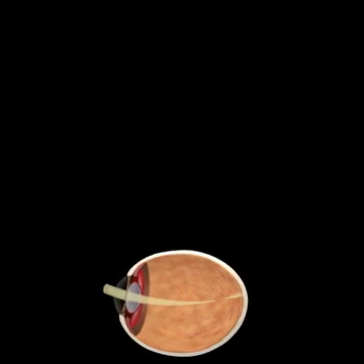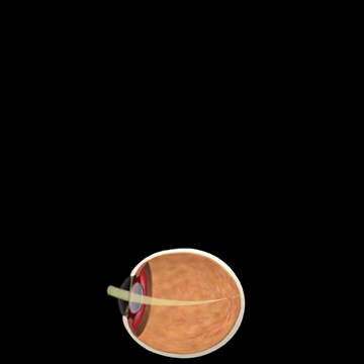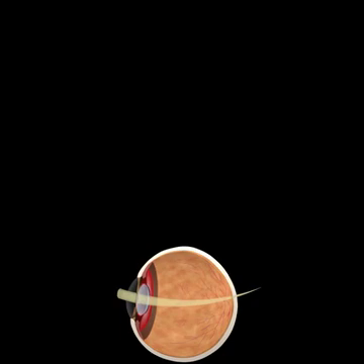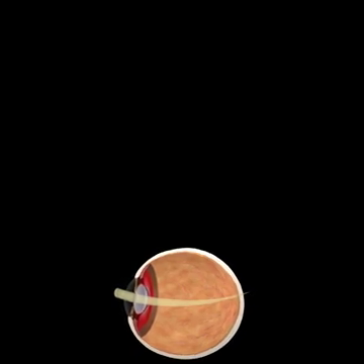If the eyeball is instead elongated vertically, the focus point will fall behind the retina, creating farsightedness or hyperopia. Glasses or contact lenses with specific prescriptions can eliminate the effects of both myopia and hyperopia.